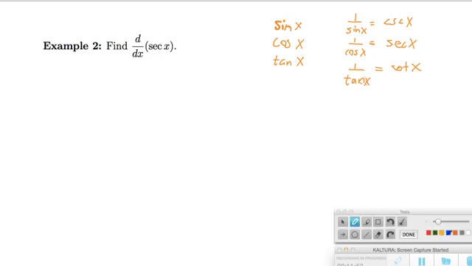All right, so anyway, we're looking for the derivative of secant of x. Well, what does this mean? Your original function is secant, which, since we only know the derivative of cosine and sine and tangent at this point, we want to write secant as something that we know. Well, 1 over cosine will work because we know the derivative of cosine, so we should be able to work with that.